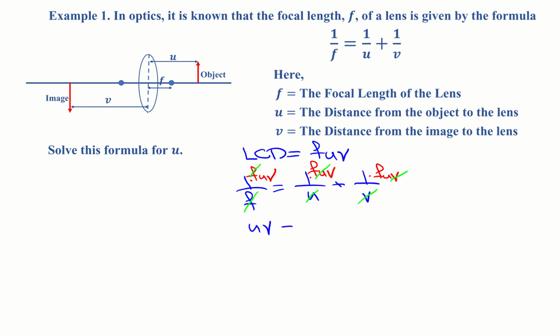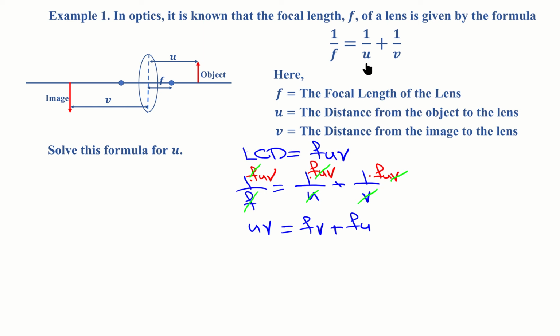So you get UV equals FV plus FU. And now remember, we're solving for U, right?